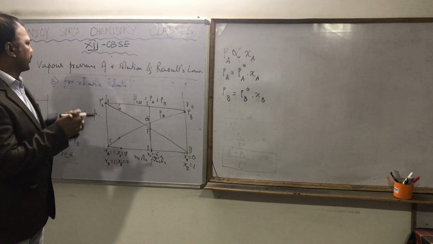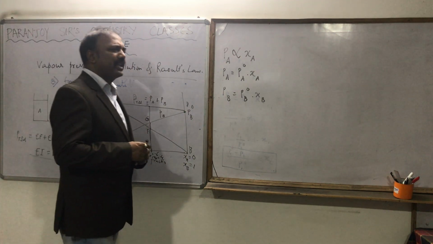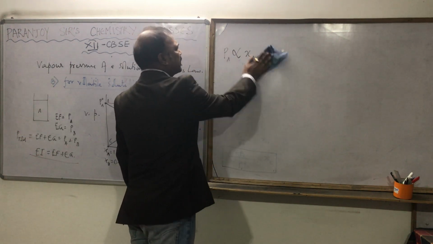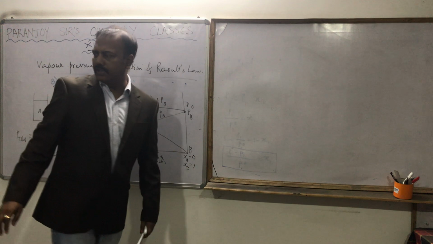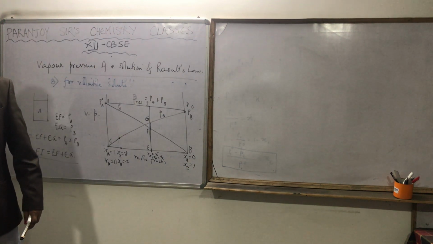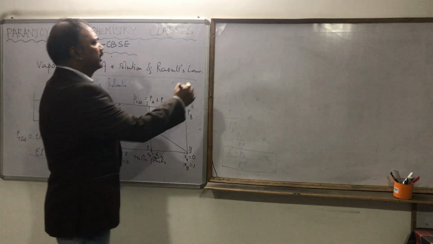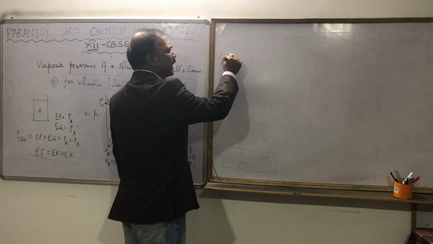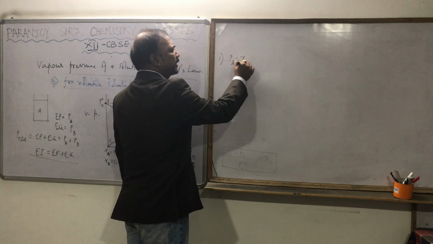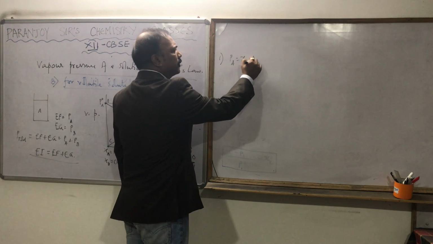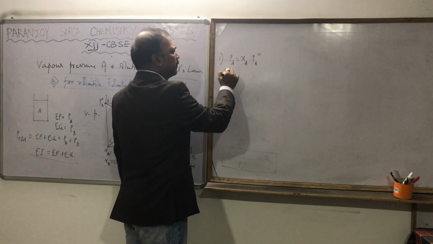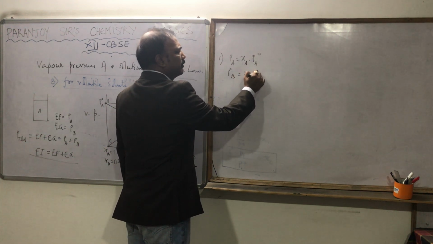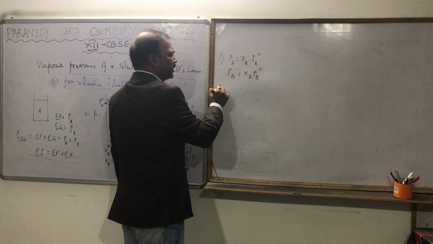When the solution of the volatile solute obeys certain conditions, we call it an ideal solution. What are these conditions? The first condition is that it must obey Raoult's law, that is PA equal to XA into PA0, and PB equal to XB into PB0.